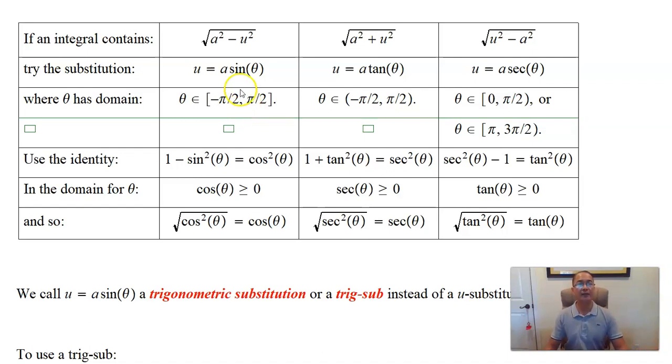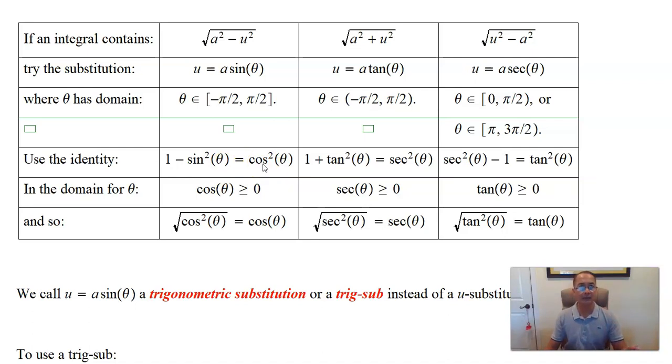Okay, so why is this a good thing? Because when you plug in u squared, you will get a squared sine squared. Okay, so you can factor out the a squared, take it out of the square root as a, and you will be left with 1 minus sine squared. Oh, but wait a minute. Everyone knows that 1 minus sine squared is cosine squared. So you will see square root of cosine squared.